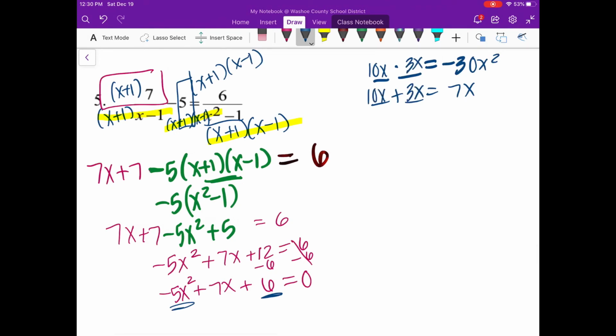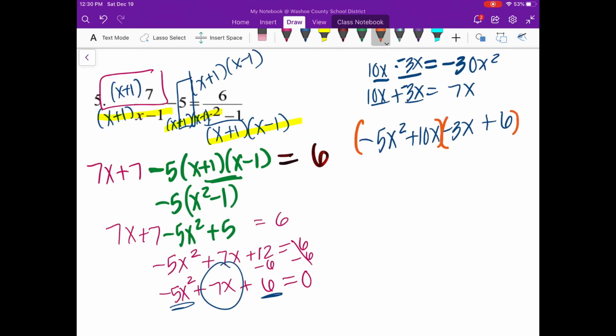So it's going to be a combination of 10 and 3, but I want my sum to be a positive 7, which means the negative is going to go for the 3x. So that means I'm going to split up my middle term. Instead of writing 7x, I'm going to write 10x minus 3x and then plus 6. Then I'm going to factor by grouping.